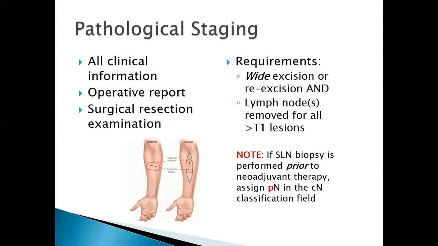And the patient actually goes on to have neoadjuvant therapy prior to that wide excision or re-excision. In that case, the information from the sentinel lymph node biopsy can be used to assign the cN category, okay?